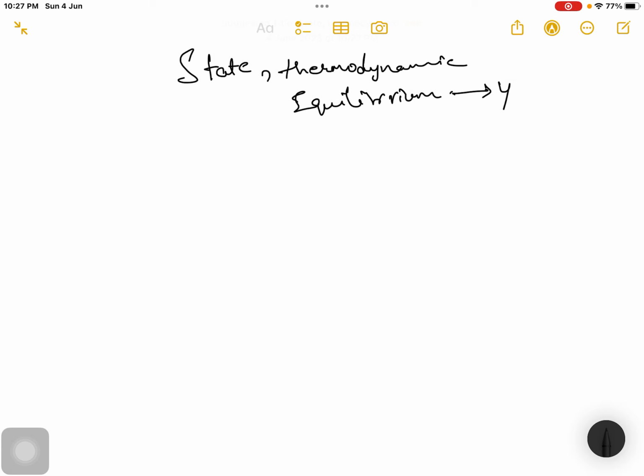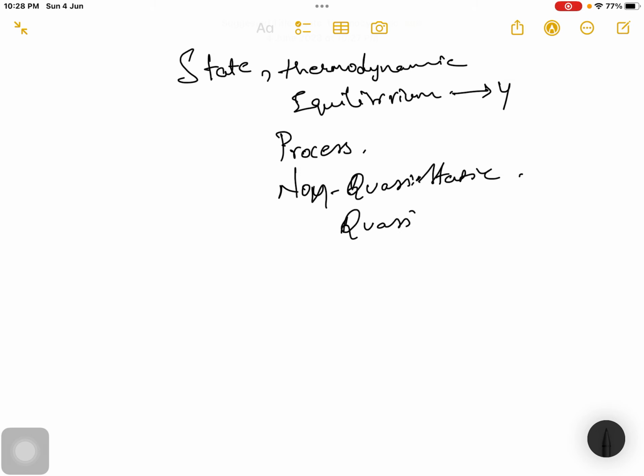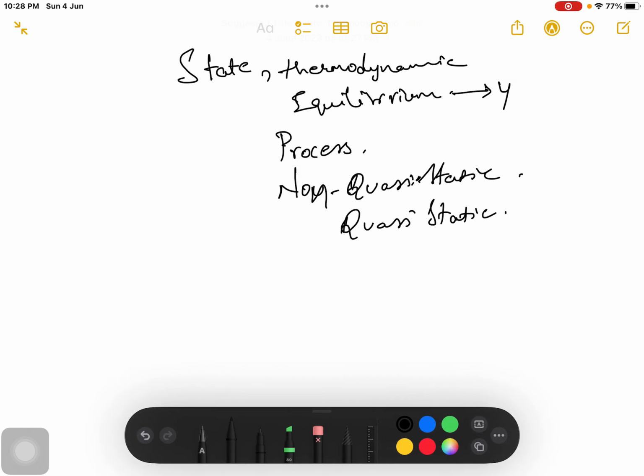I told you thermal equilibrium, mechanical equilibrium, phase equilibrium, and chemical equilibrium. And we discussed process, and further we discussed non-quasi-static process and quasi-static process.